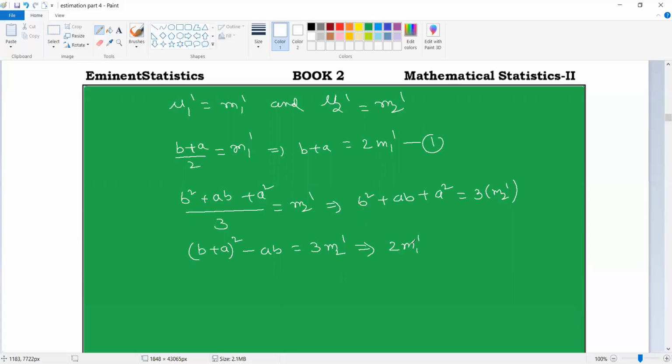So b plus a, that is 2m1 dash, whole square is equal to 3m2 dash plus ab. So now ab is equal to 4m1 dash whole square minus 3m2 dash.